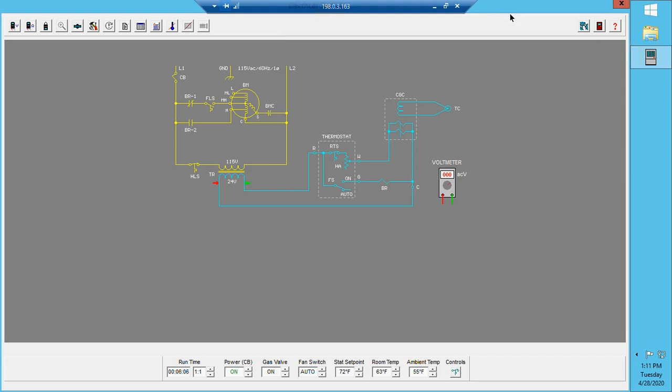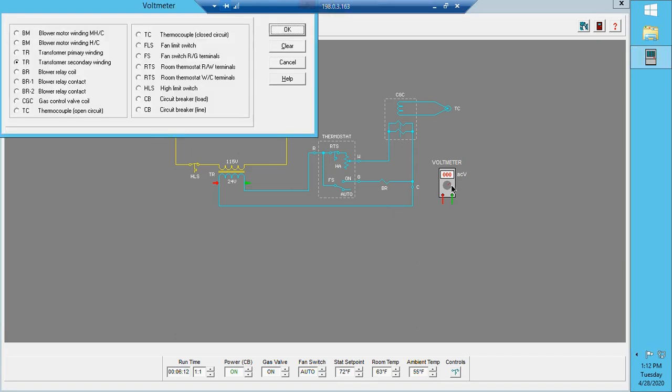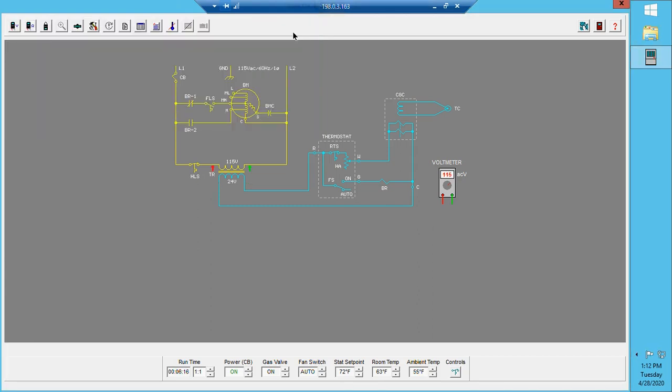Do I have 115 volts going into my primary? Is my high limit switch maybe open? Well, let's go to my primary side. Do I have 115 volts to my primary? I do. Okay, so I'm getting power from my L1 and my neutral, which is telling me that my high limit switch is indeed closed, because I am powering up my transformer.